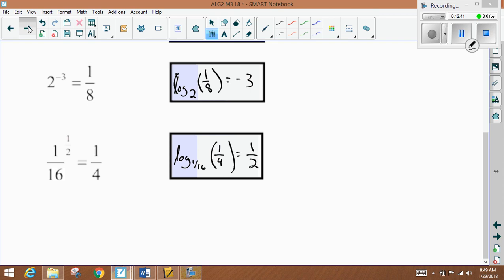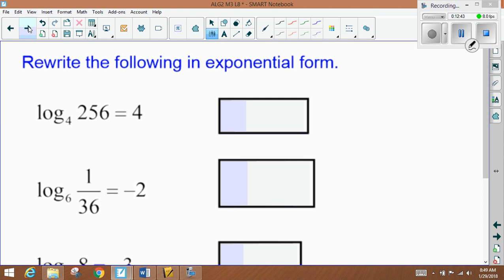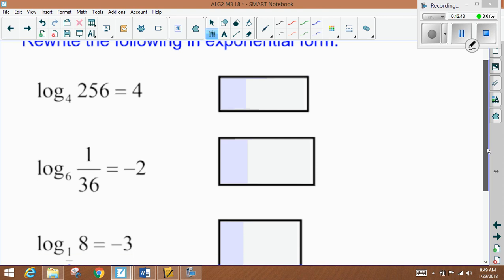Okay. So now we're going to rewrite the logarithms in exponential form. So we're going to say, hey, 4 to the 4th power is equal to 256. You see how it's just a different way of writing an exponential equation.